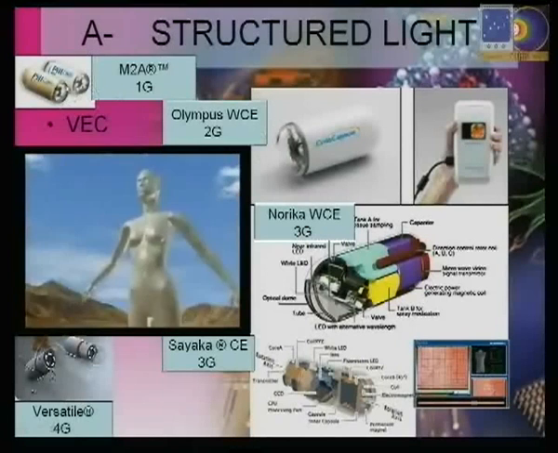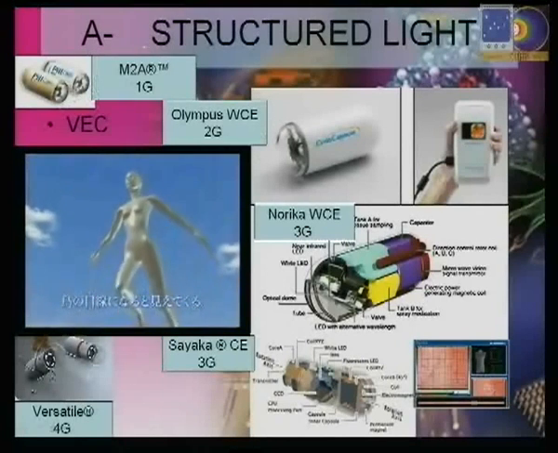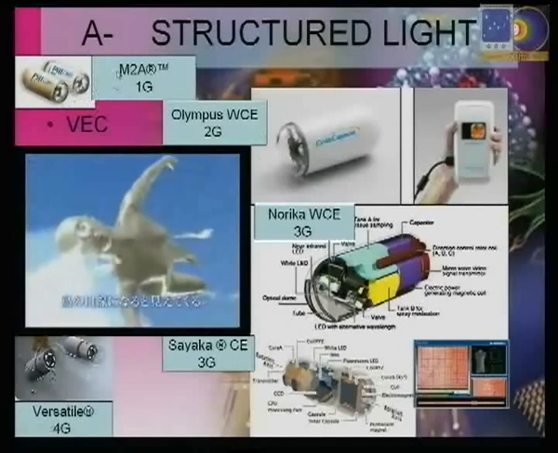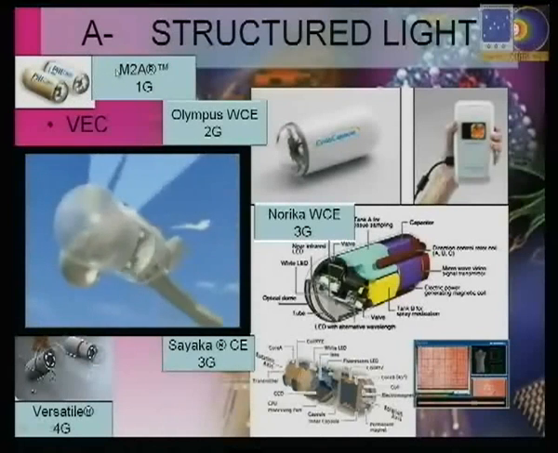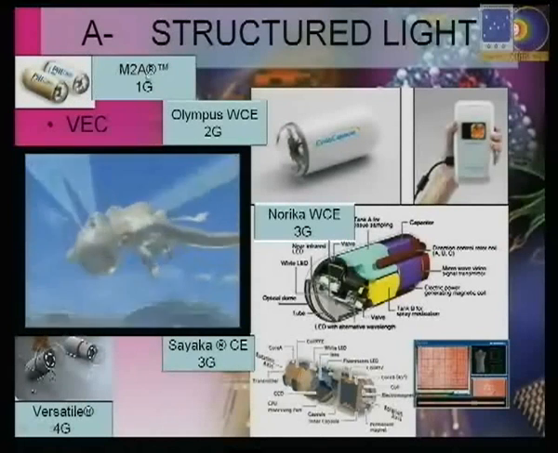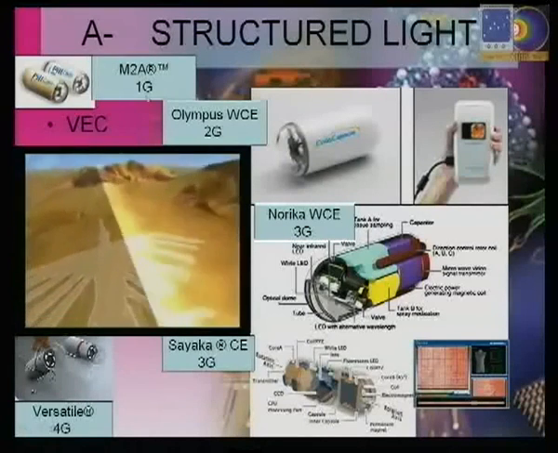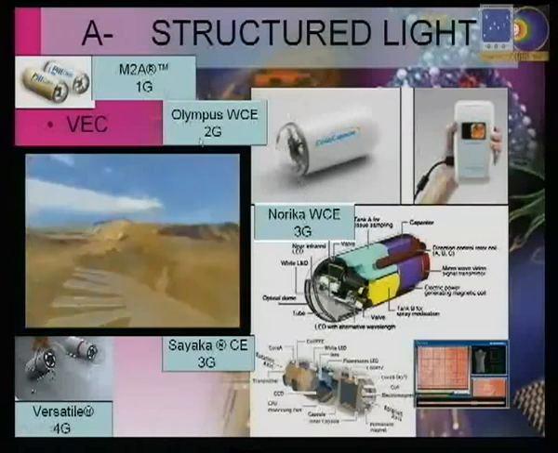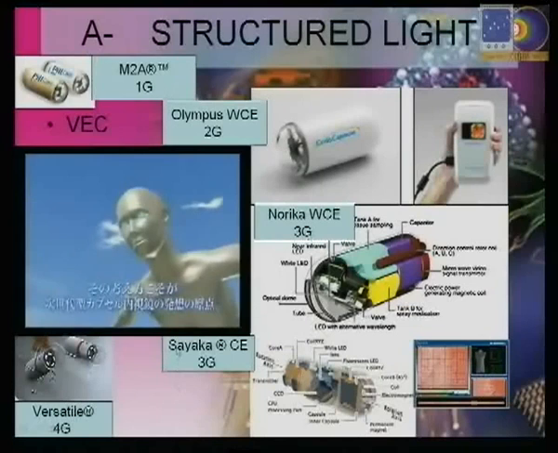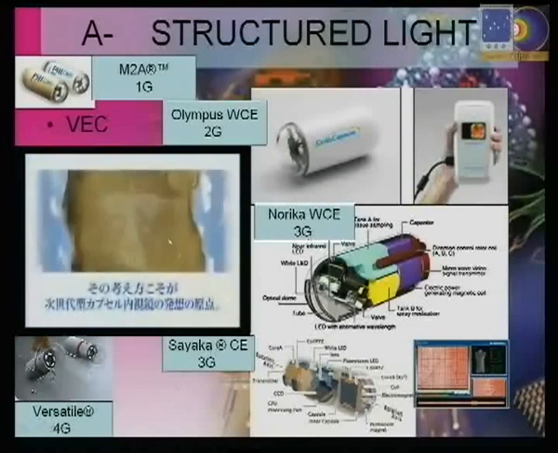And as I mentioned previously, the first generation was the M2A from Imaging Technologies, I think is the name. Now the second generation is from Olympus, Norika, and Sayaka is the one we are seeing in here.